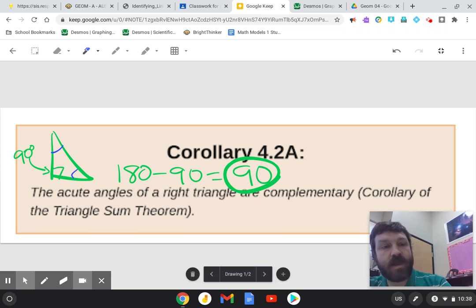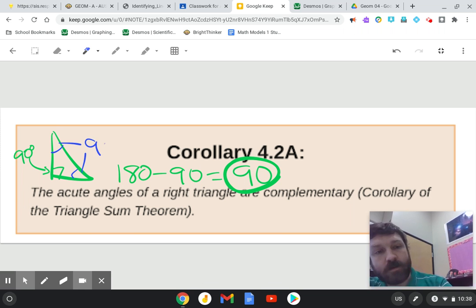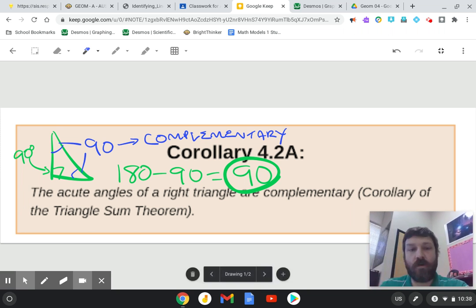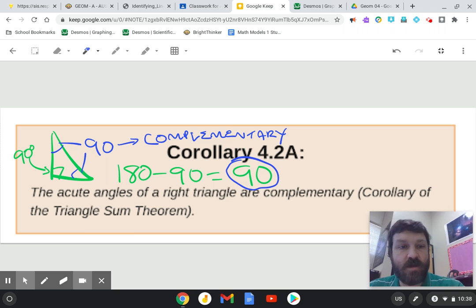Not only that, they have to add up to 90, which makes them complementary. So the other angles of a right triangle are automatically complementary. So that's kind of the key idea there.